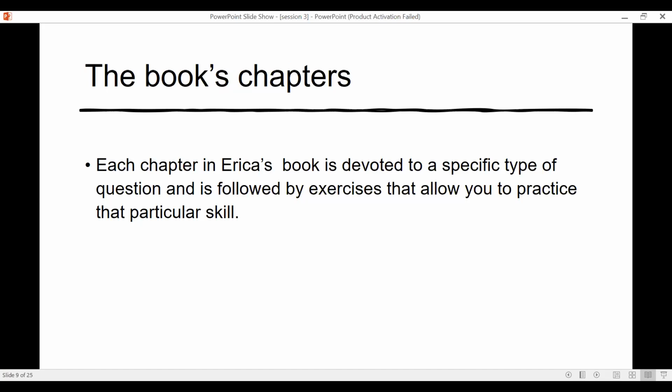So, how beneficial this book is, the fact that this book classifies and explains each type of question and provides you with certain exercises for you to practice that particular skill, because we agreed that the reading section is all about skills, testing your comprehension skills, the ability to understand the rhetorical skills, the reading comprehension skills. Okay.